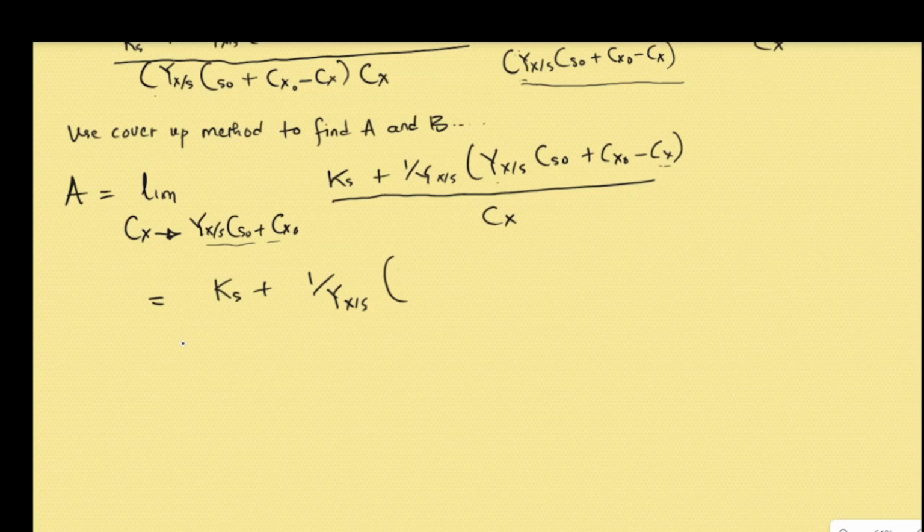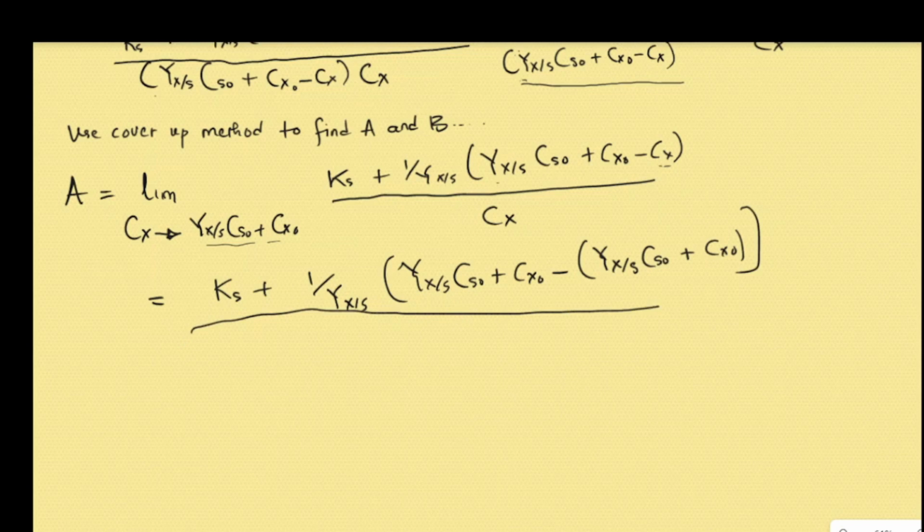So you now get y x of s c s naught plus c x naught minus the same thing, y x of s c s naught plus c x naught, and all over y x of s c s naught plus c x naught, like that.